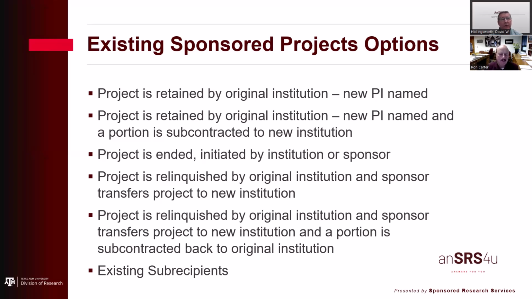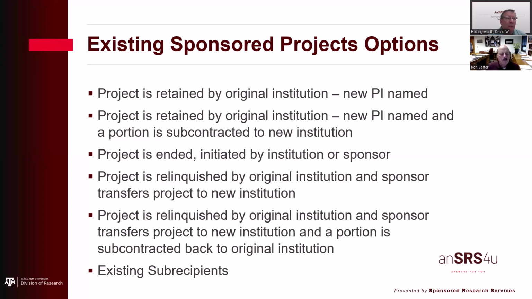And so either the sponsor or the institution, the existing institution, might just say, okay, we only had a month or so left on this. Everything, he submitted his final report. It's really not worth all the effort and the expense, really, to try to transfer $1,000 or whatever might be left. Let's just go ahead and terminate the project.